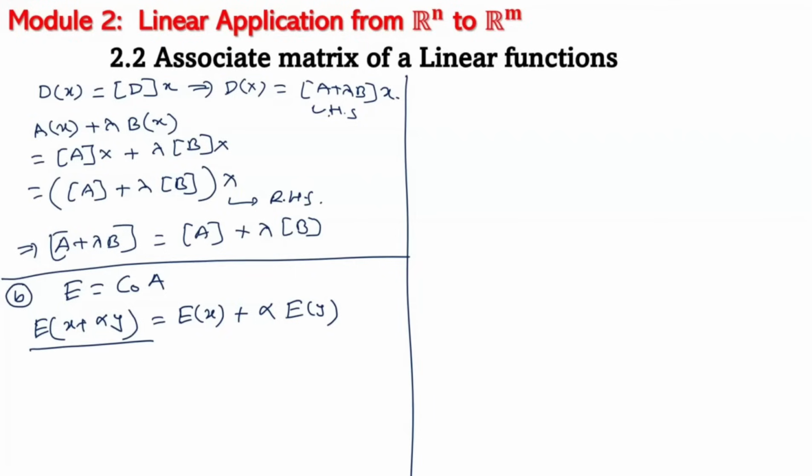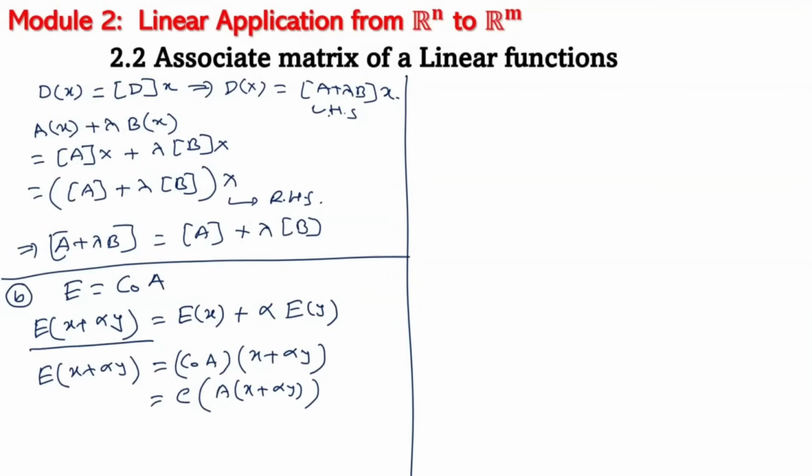So now we take the left hand side. Let E of x plus alpha y. So what is E here? E is equal to C composition A. This is C composition A of x plus alpha y. Now by definition of the composition, what will you get? C operating on A of x plus alpha y.